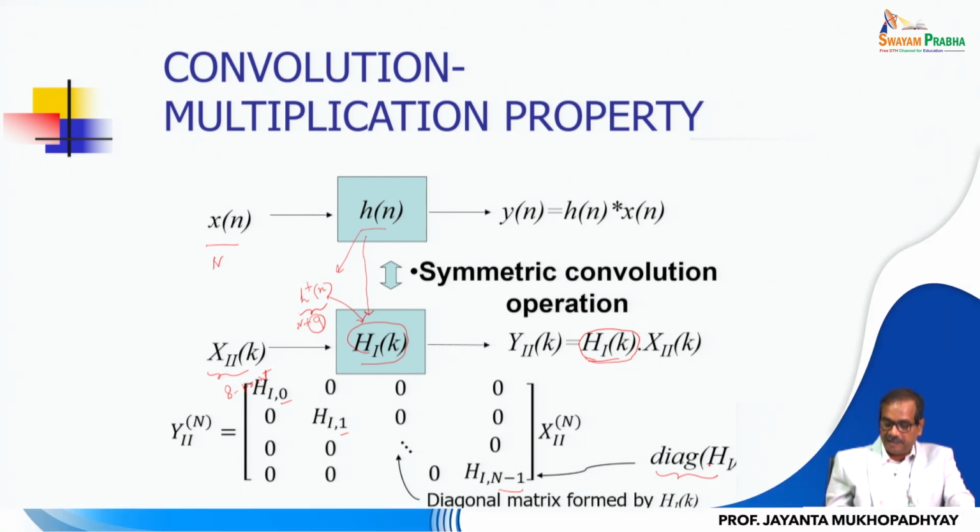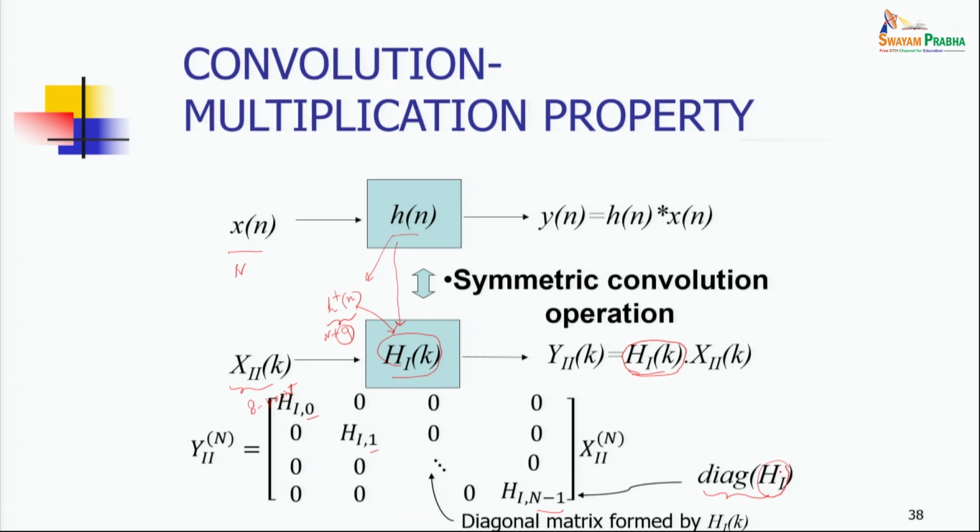Given this vector HI, a sequence of coefficients, I make a diagonal matrix, and the length of that vector determines the size of my matrix itself. It is a diagonal matrix, so it will always be a square matrix.